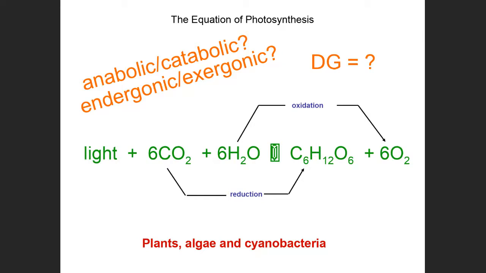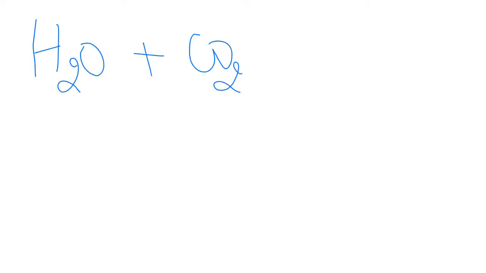So let's do the same thing. I'm going to take a piece of paper. So we're going to have, we are a plant now. The cell is a plant. What do we give to the plant? Water, right? CO2, and they produce an organic molecule.